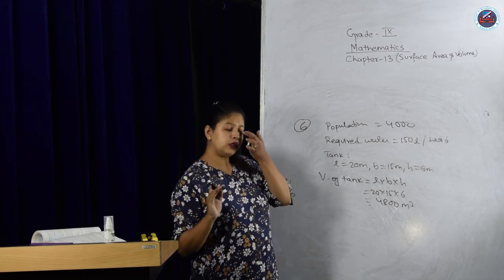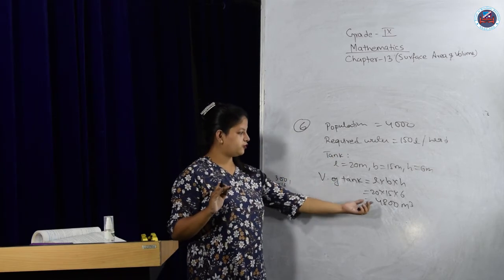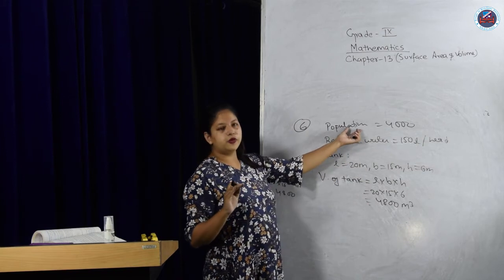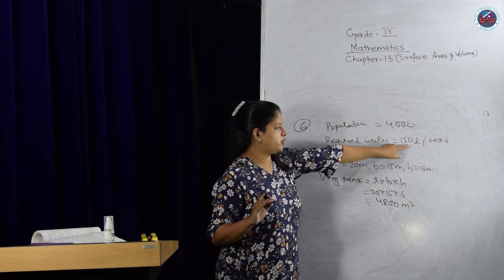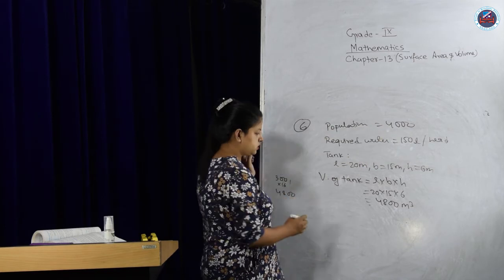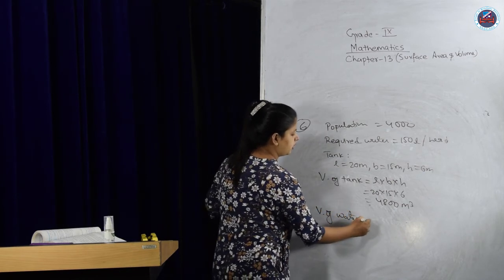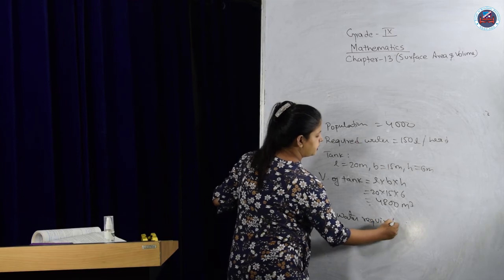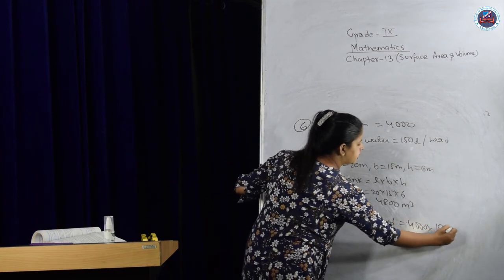Here, since we are dealing with volume, we will calculate both volumes. The first volume is found. Now find the volume of water required for the people. If one person needs 150 liter and there are 4,000 people, the total volume of water required would be 4,000 into 150, but in liter.